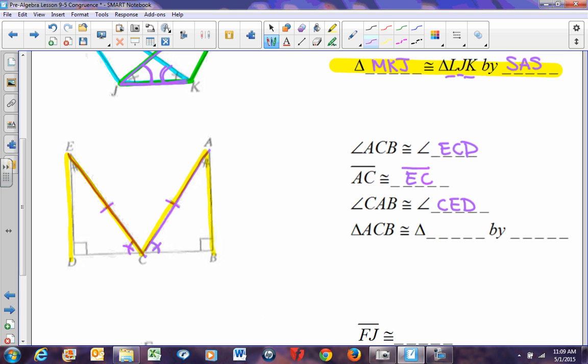So we go from A, then to C, then to B. So that's the angle with two hash marks through the side that has one hash mark. So I have to start with the angle with two marks, through the side that has one hash mark, to the other angle. So that would be ECB. This is ECB. And they are congruent by, it looks like a side is sandwiched between two angles. So that would be angle side angle.